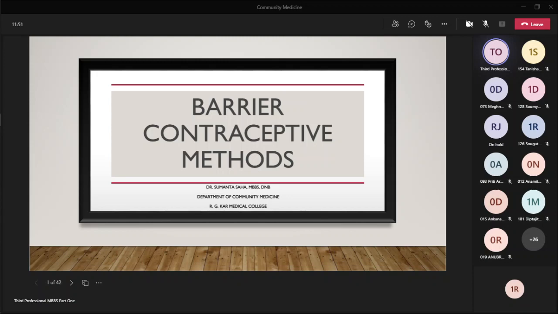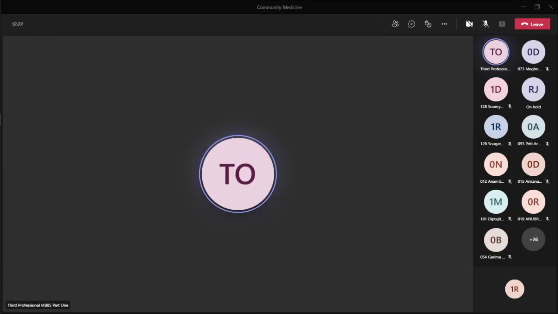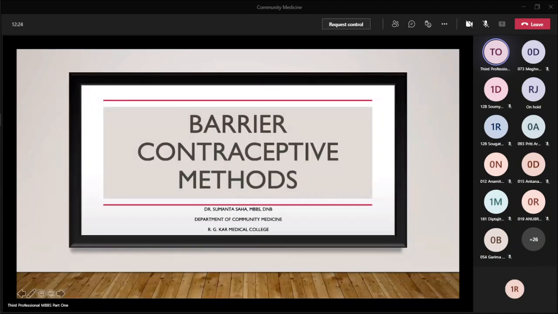It is saying reload to display presentation. Something went wrong. Okay, I'll try to do it directly from the computer. Just wait. Now see if you can see. Let me know. Yes, sir, it's visible.